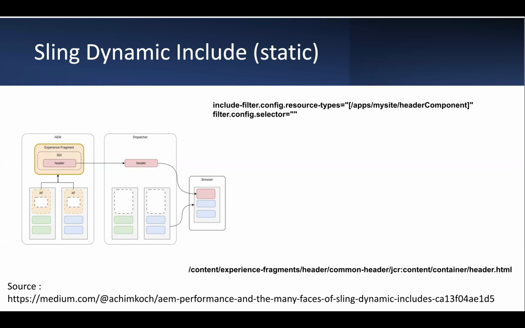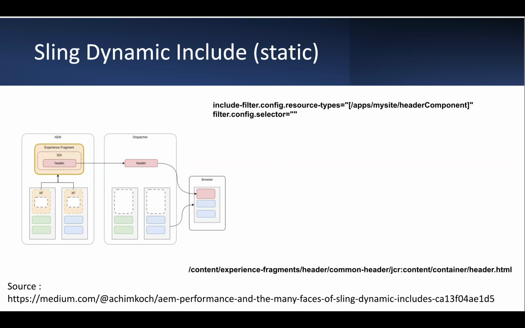Okay, so I was saying that if we want to statically include a specific component in the dispatcher cache, we can create a resource type for that particular component and keep the filter.config selector blank, because now it will create a placeholder in our cache file wherever we have the header with this path that you can see at the bottom.